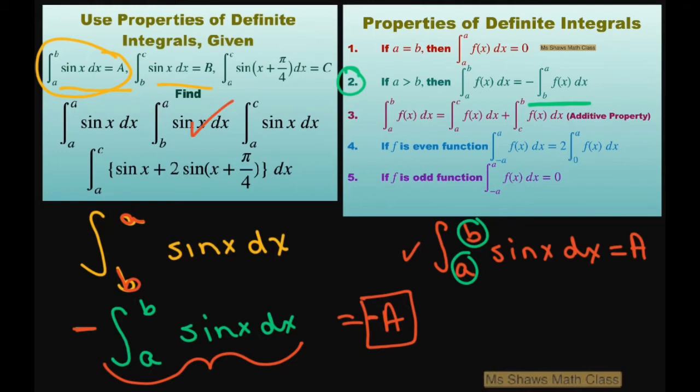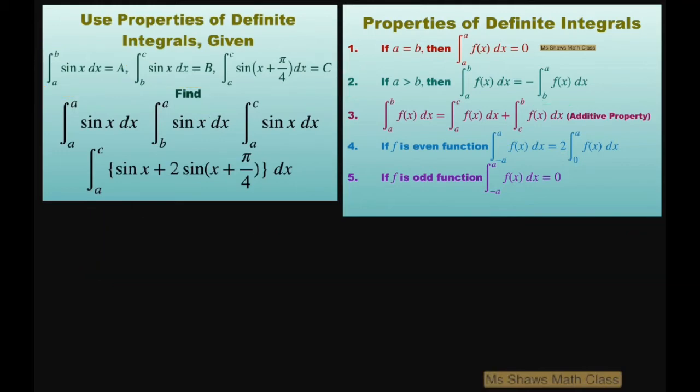Let's do number 3. We have the integral from a to c of sine of x dx. All right, now let's see what we have, c to a. The only thing we have with c to a is this one. So what I'm going to do is use both of these to go from c to a. So we have the a and the c here.